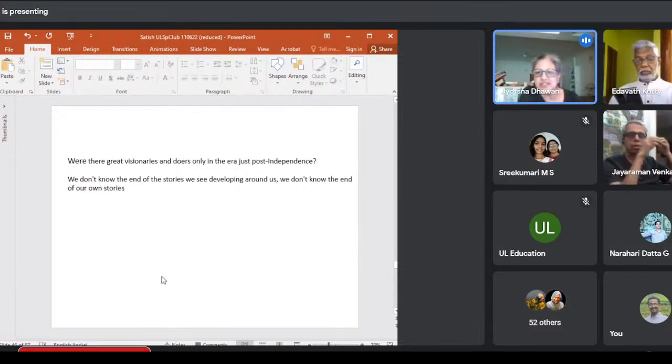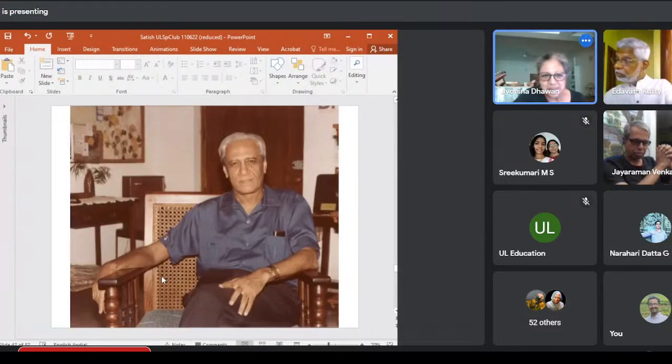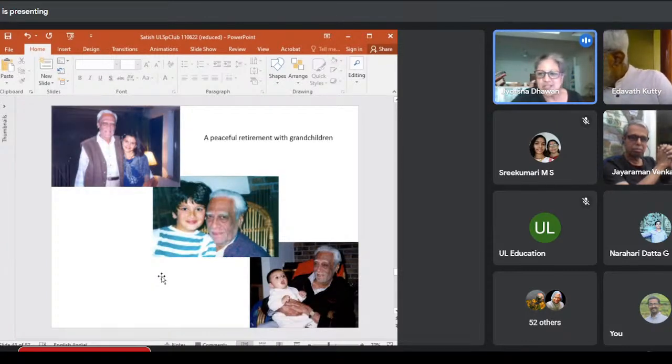And we devalue the struggles of the people who are around us, including our own, because they are still in progress. So we don't know the end of these stories. So let's wait and work towards them and put some passion into them, because we don't know what they will become. Satish had a peaceful retirement in Bangalore with grandchildren.